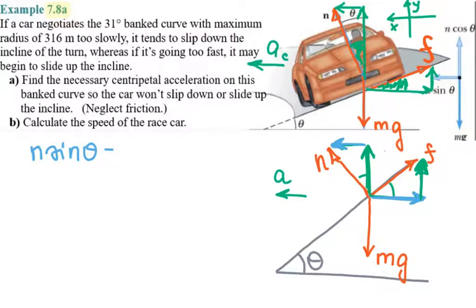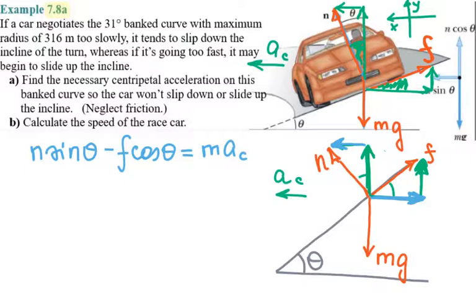Then I have minus, the second one is negative because it's away from the direction of the acceleration, and let's call it centripetal acceleration. So that one is F cosine. There are no other horizontal forces acting on the car, and that is equal to mass times acceleration, so the mass of the car and centripetal acceleration.